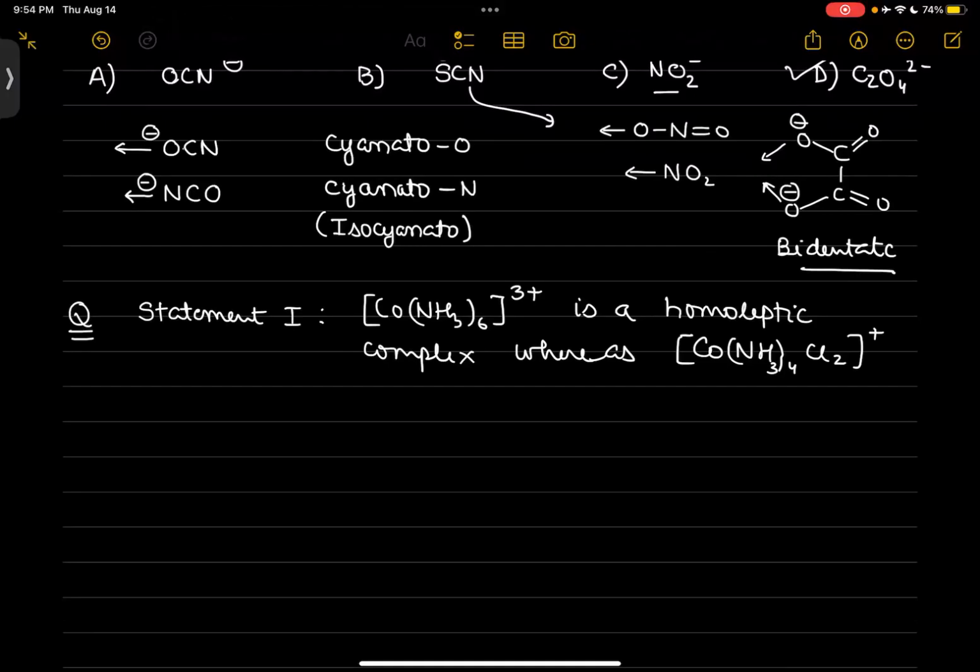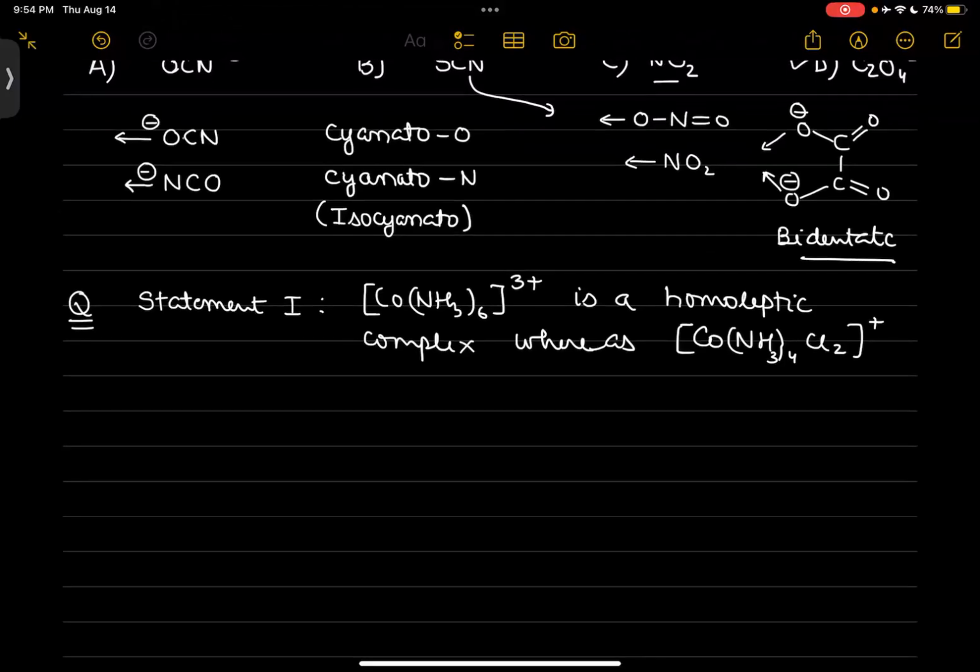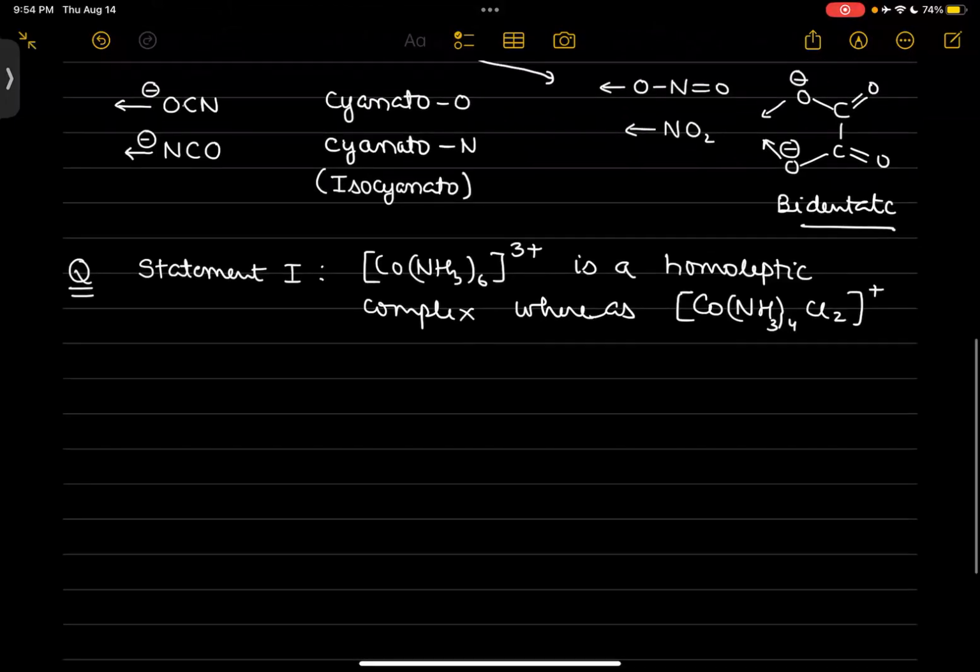So we need to figure out homoleptic and heteroleptic complexes. Reason-assertion questions are very easy in NEET, but you have to be very careful, because a statement may appear correct when you read it initially and you can tick it correct, but it may go wrong. You need to read it up to the end with full concentration.